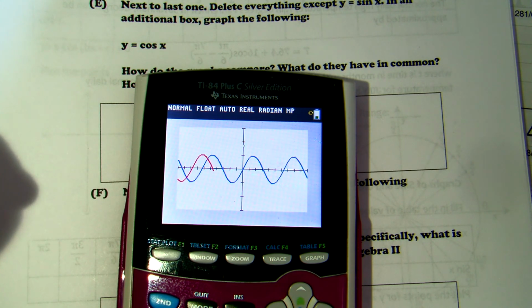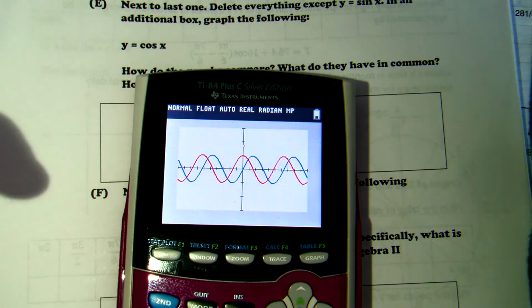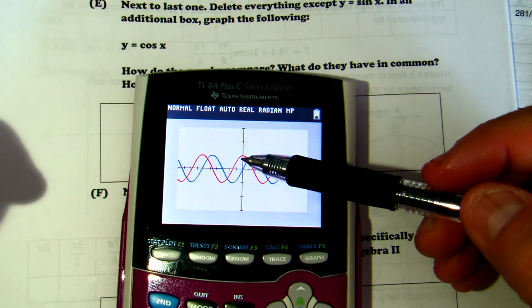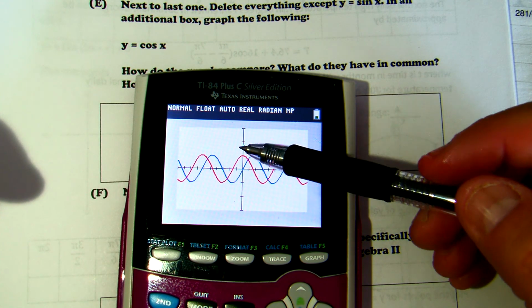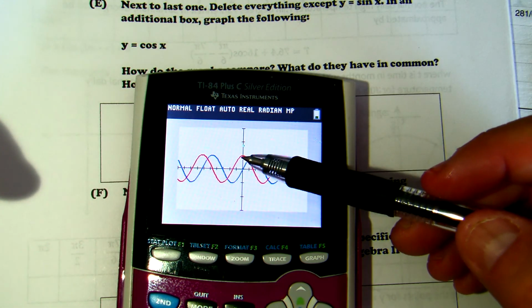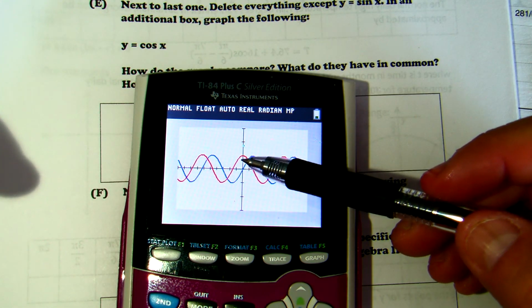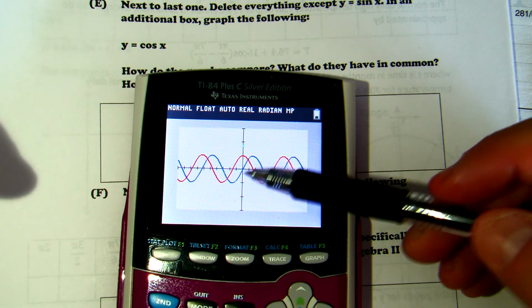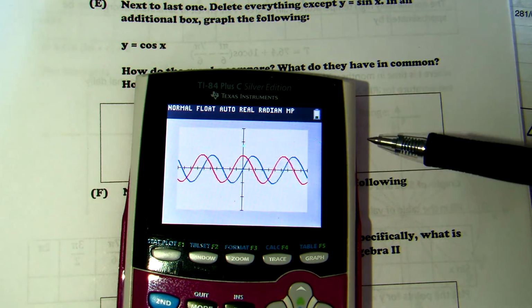Notice it's in red. It's the exact same graph. But if you notice, I put it on my computer screen, sine starts at 0, cosine instead starts at 1. That's because on the unit circle at the origin at 0, cosine's 1, whereas sine is 0. That's the difference, but other than that, the shapes are the same.